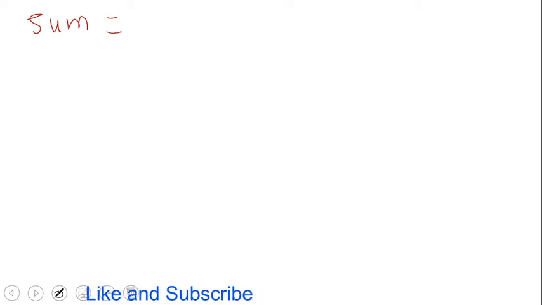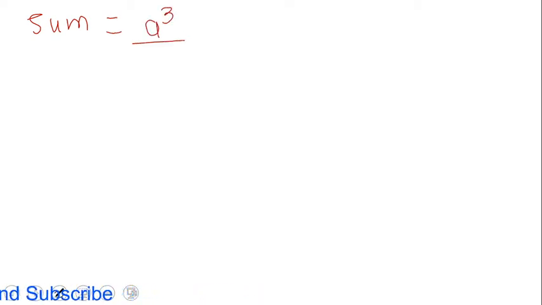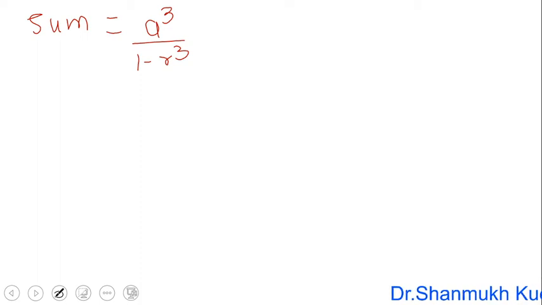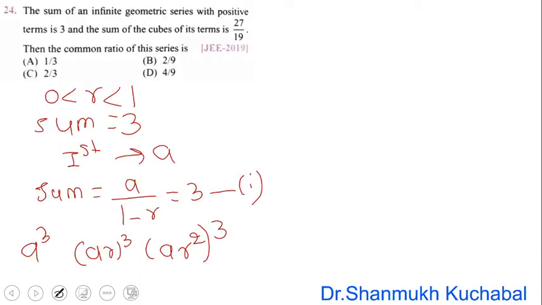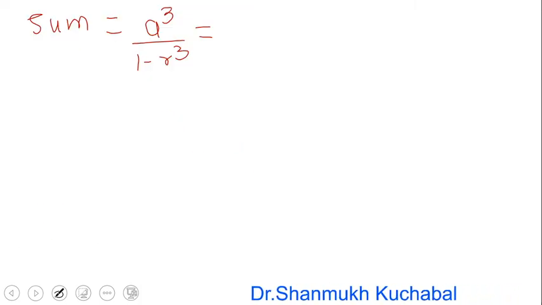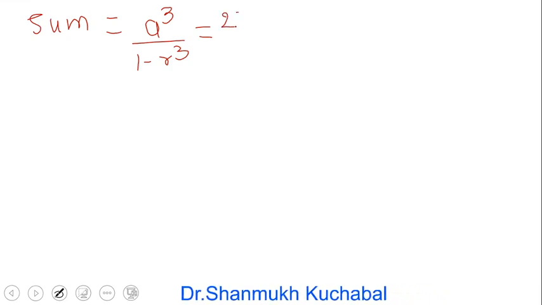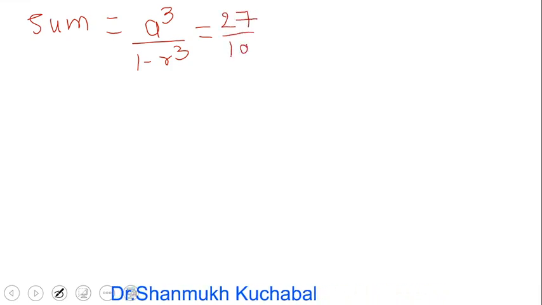So sum equal to a cube, equation number 1 I am using, and 1 minus r cube we are going to get, and our sum is given in the question as 27 by 19. So I am equating this to 27 by 19.